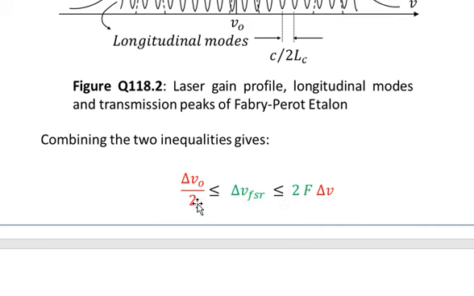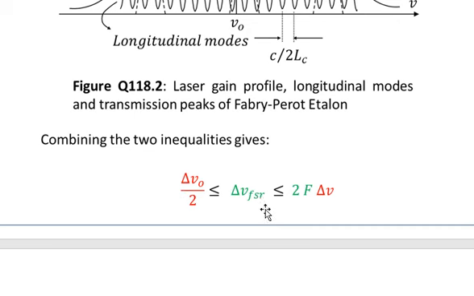The quantities in red correspond to the laser parameters, and the quantities in green represent the parameters related to the Etalon. And capital F is the fineness of the Etalon. This delta nu is actually the separation between two consecutive longitudinal modes. This delta nu naught is actually the width of the gain profile.